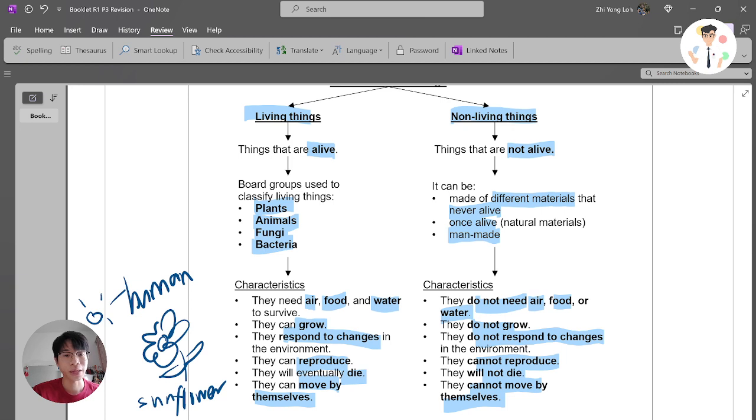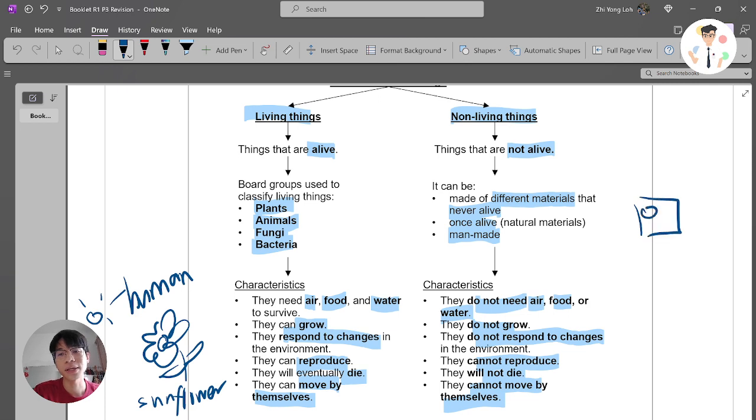Okay. Now, however, there's something that's a bit tricky. For example, if here I have a robot, let me just draw this beautiful robot here. Now, this robot, I put in a battery, and it seems like it can move.